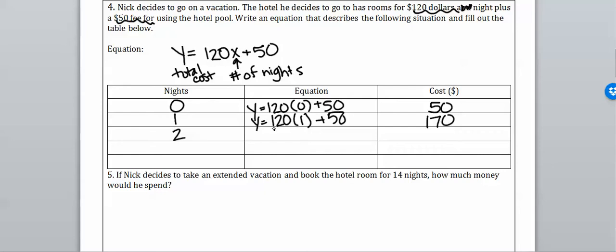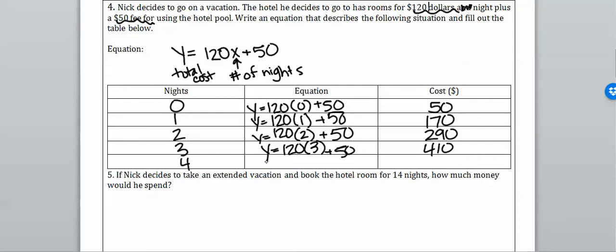For 2 nights, it's 120 times 2, which is 240, plus 50 is $290. For 3 nights, it's y equals 120 times 3 plus 50. So 120 times 3 is 360, plus 50 is 410.